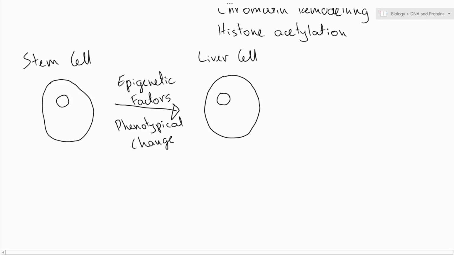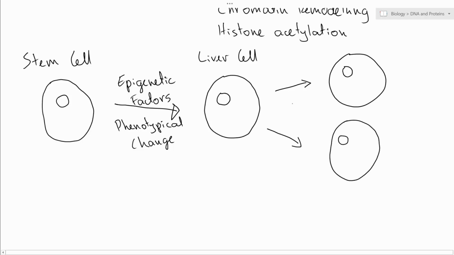These epigenetic factors influence the stem cell, which has not got a particular cellular function yet. It can become any type of cell, but the genes that have been activated have led to it becoming a liver cell. From this point on, the liver cell will retain the certain activated and silenced genes, which means that through the process of mitosis, creating clones of these liver cells through cell division, we end up with more liver cells.